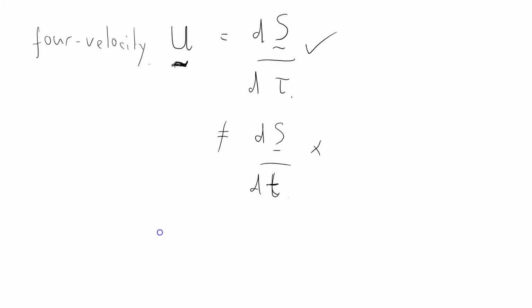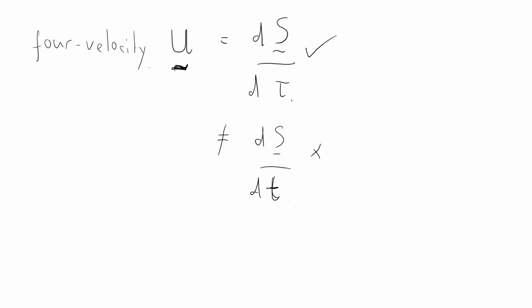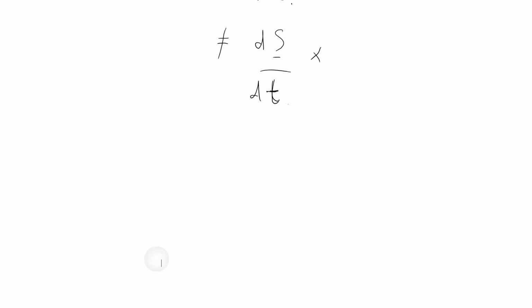Okay, so that's the definition of four-velocity. And what I'm going to do is evaluate this four-velocity, which is a sensible thing to want to calculate, for the very simplest thing I can think of, which is an object at rest. So it's got a vertical world line like that.